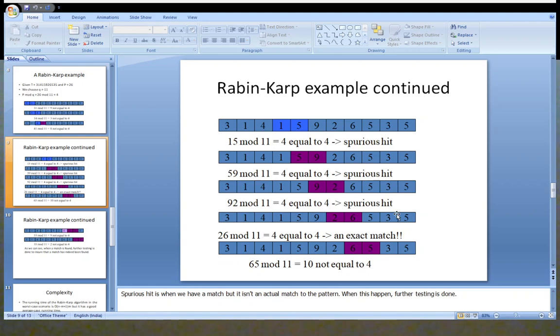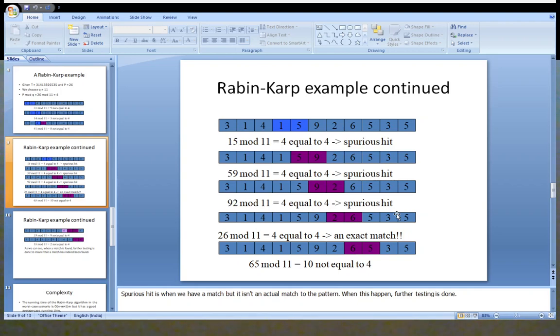The next number is 15. 15 mod 11 is equal to 4, and after matching one by one, the initial number was 26. But when we compared 15 and 26, they do not match. This is a situation where the mod value of the hash value of the pattern and the text is the same, but on one-to-one matching they do not match each other.